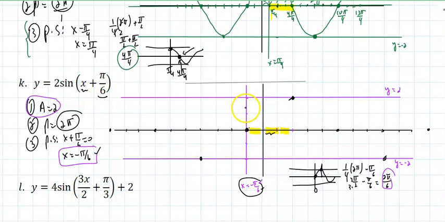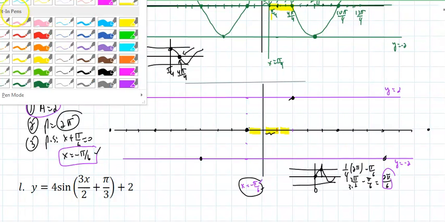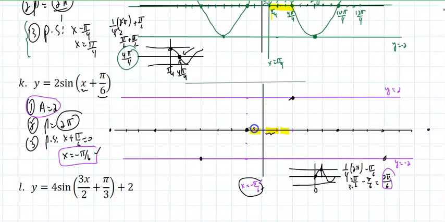So if I am to say this is negative pi over 6, maybe that's what I'll start doing. That is negative pi over 6.